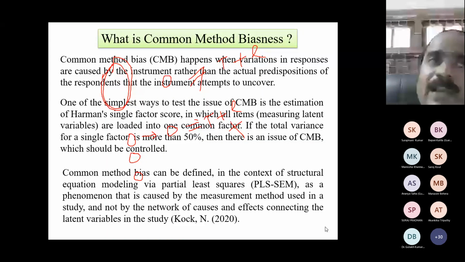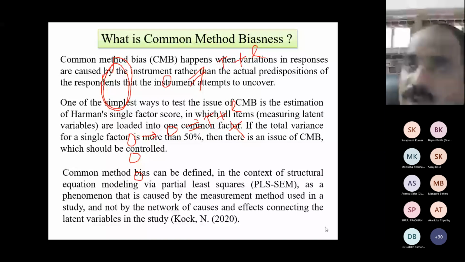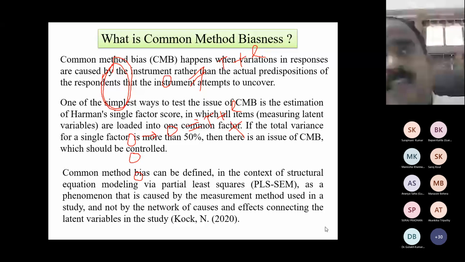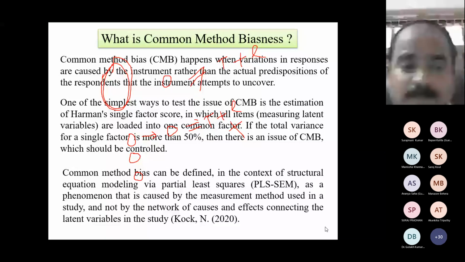Really it is not the reflection of the respondent's attitude or mentality. Your method has created this. Your method has exaggerated this. 22 variables I have taken, and only one factor is explaining more than 50%, more than half of the entire variance. How is that possible? That means the problem lies with the method, according to Herman.